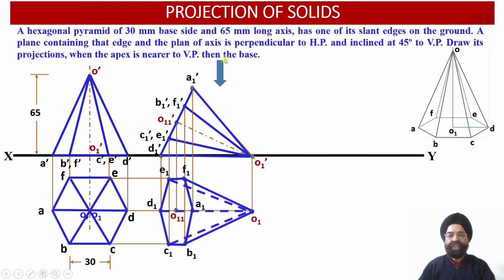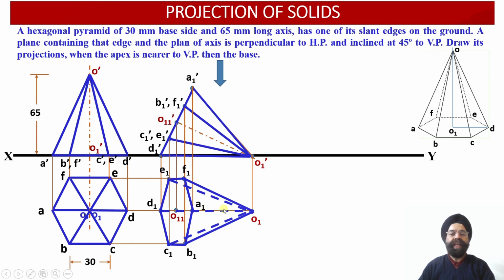If we look at the solid, you can check O1'A1' lies on the top surface of this hexagonal inclined pyramid. So since O1'A1' is lying on the top surface, the top view of this slant edge, that is O1A1, should be drawn dark over there.